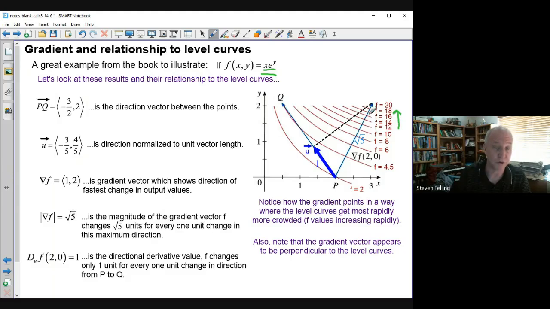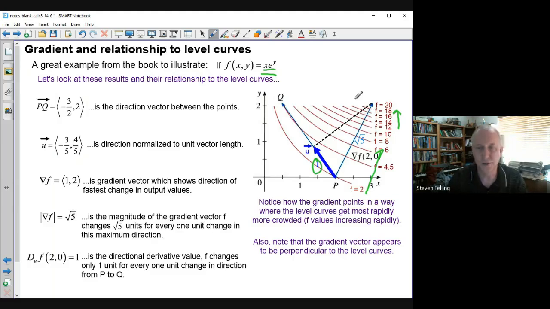But then we picked this other direction, so when we projected the gradient vector onto the direction vector, we ended up getting a magnitude of 1. So if you go in this direction, although we're still increasing, we're not increasing as steeply. It takes us quite a while to go from 2 even to 4.5. So we only go 1 up in z for every 1 unit traveled in this direction, as opposed to over 2 units in z for every unit traveled in this direction.